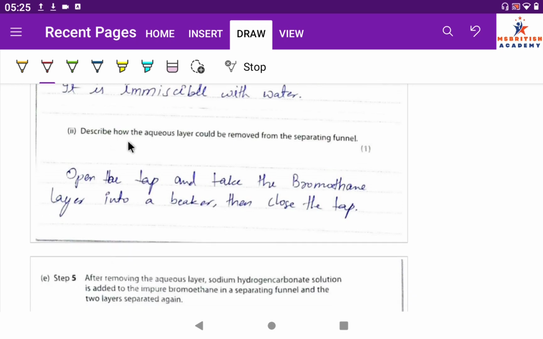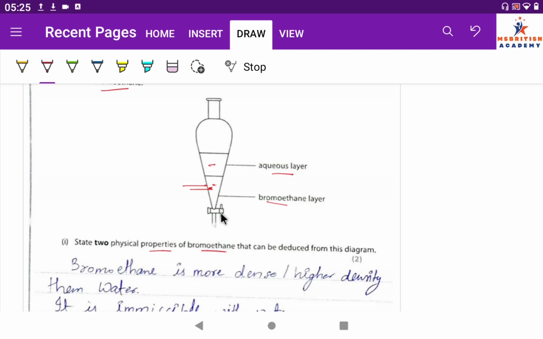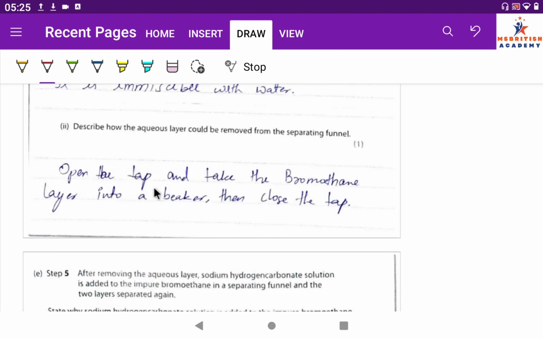Describe how the aqueous layer could be removed from the separating funnel. So you can open the tap and run off until this layer comes into the next beaker, and when it comes here you can close. So open the tap and take the bromoethane layer into another beaker and then close the tap.